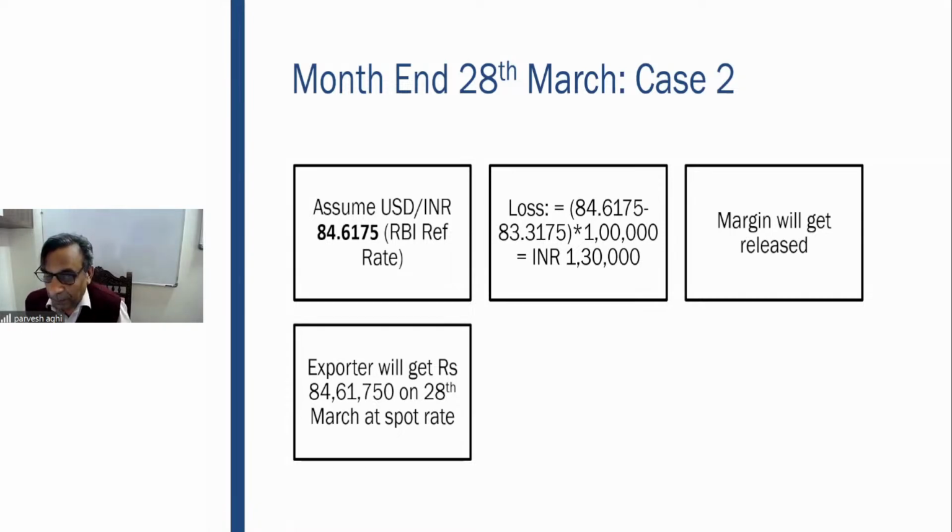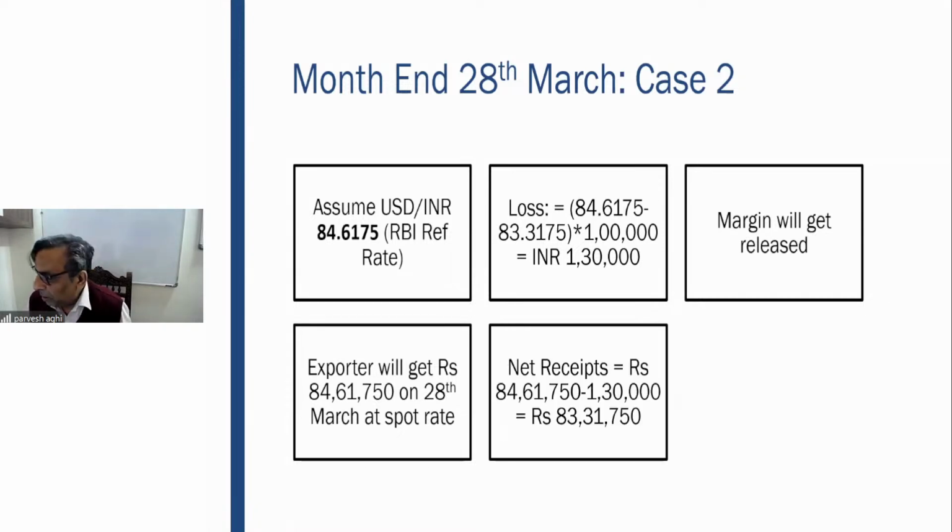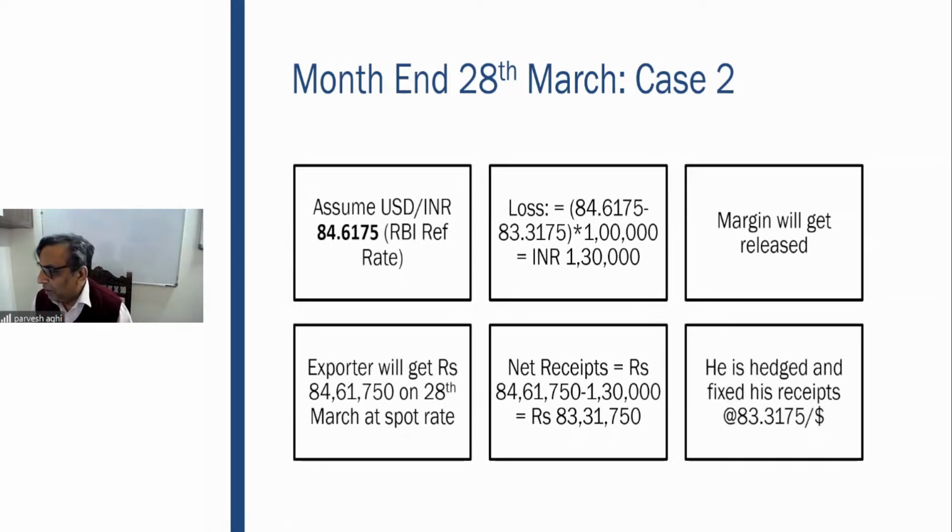He would have been very happy in such a situation, but his happiness will be short-lived because he has already suffered a loss of 1,30,000 and he's hedged at 83.31. So whatever happens to the dollar rate, whether it goes up or goes down, the rate at which he has sold his dollars in the futures market is the rate at which he's hedged.